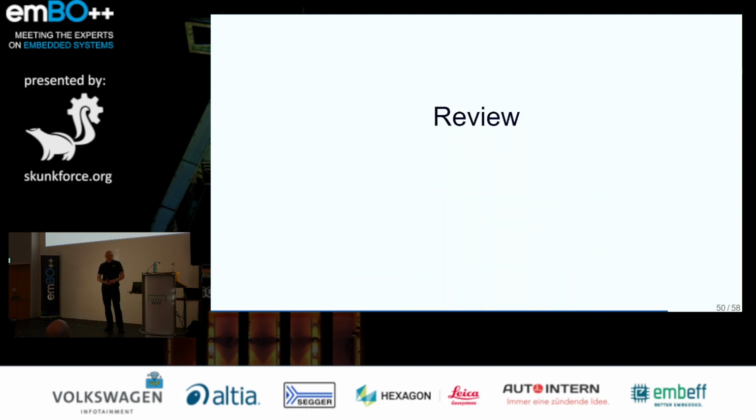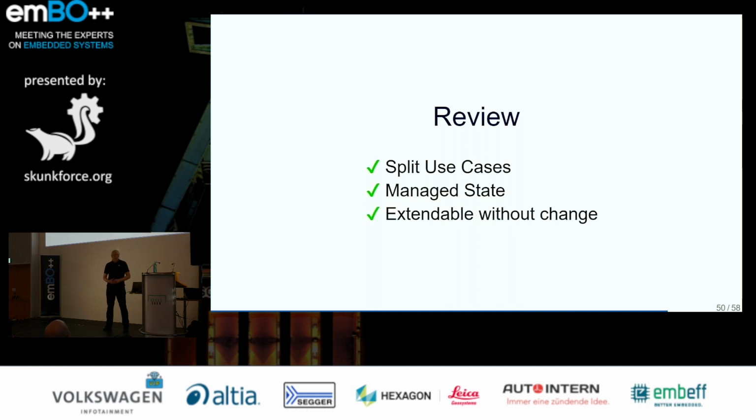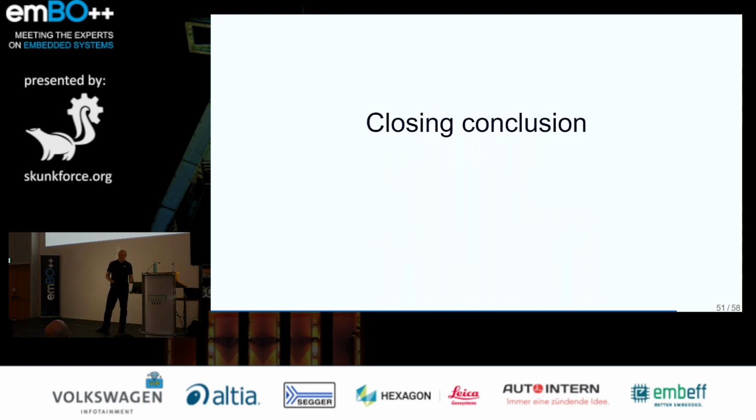Okay, let's review it. So we split our use cases. We manage the state. We have very minimal state. It's extendable now without changing the implementation because we embrace simplicity, and it's easy to test. So, closing conclusions for the whole thing.